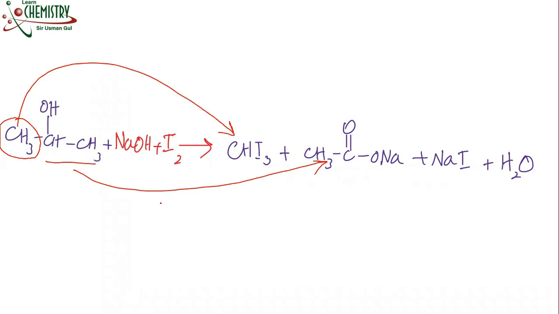So this is the simple trick to complete the reaction. And remember that in the presence of sodium hydroxide, it also forms sodium iodide and water. And in the last, you just have to balance it. All the products are now correct.